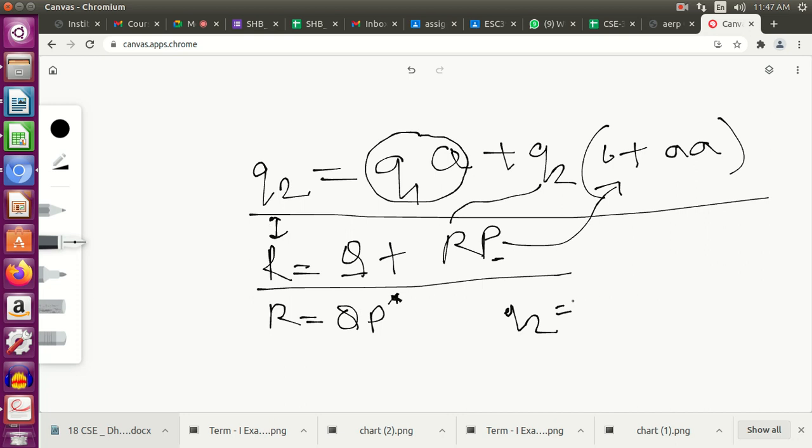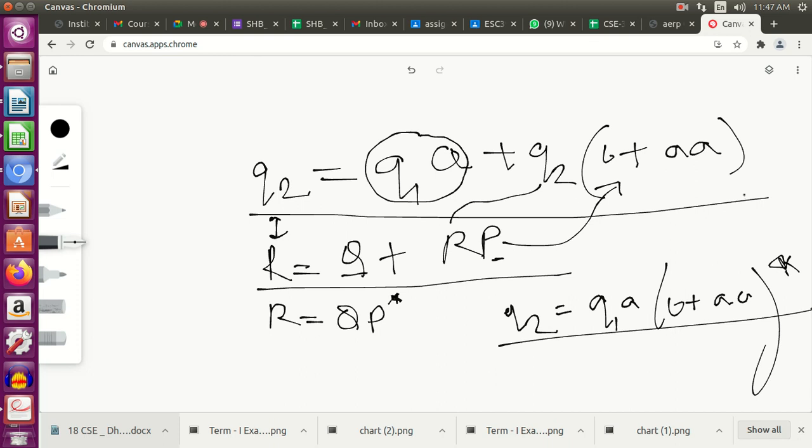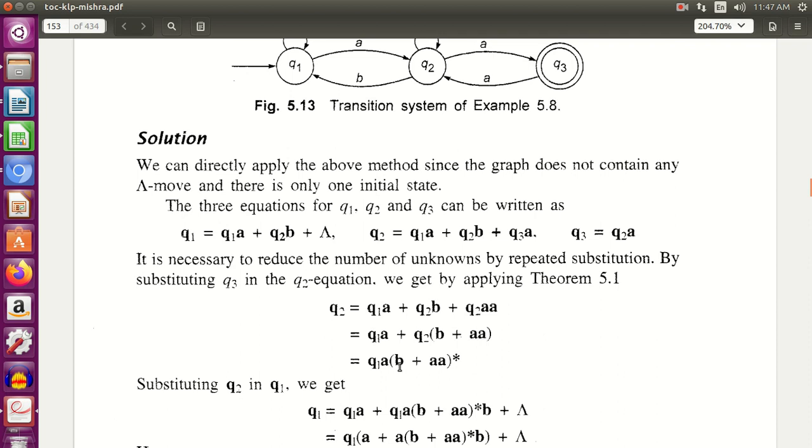So, here Q2 is equal to Q1A P star, so B plus AA whole star. We can simply write this from this equation using Arden's theorem, and that is what we have done over here. Using Arden's theorem, we have written Q2 is equal to Q1A (B plus AA) star. So, we have got some value for Q2 which is independent of Q3 as well as Q2. In terms of Q1, we have got some value.